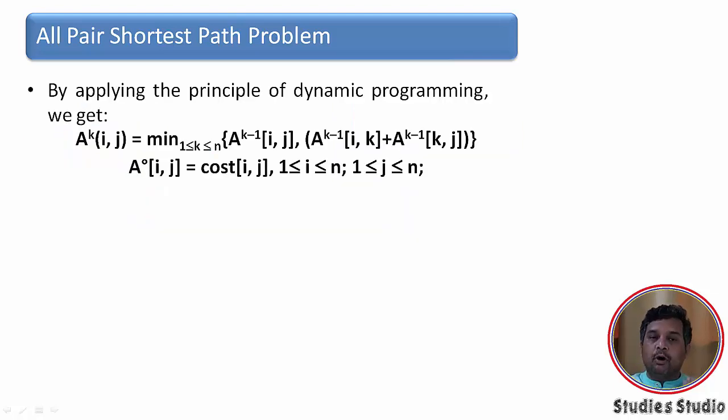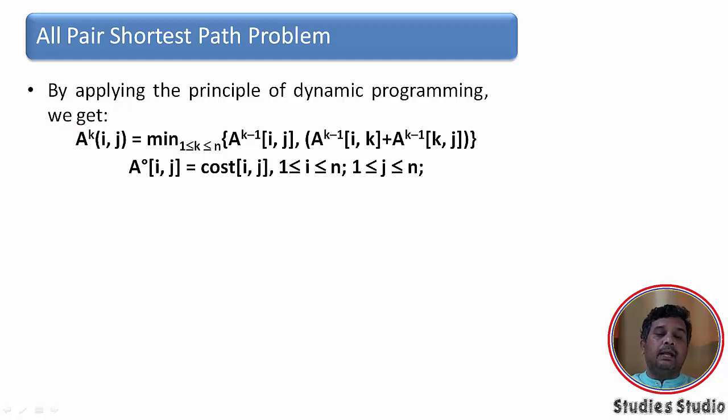Now let us talk about the formula that we have used. A0 of ij is the cost matrix that we got, that is the adjacency matrix. And if we have a previous table A0, by using A0 I am finding A1. The A_k of ij value in the kth matrix I'll find by taking the minimum of the ij value in the just previous k-1 matrix, and in the previous matrix ik and kj. k is the intermediate vertex.